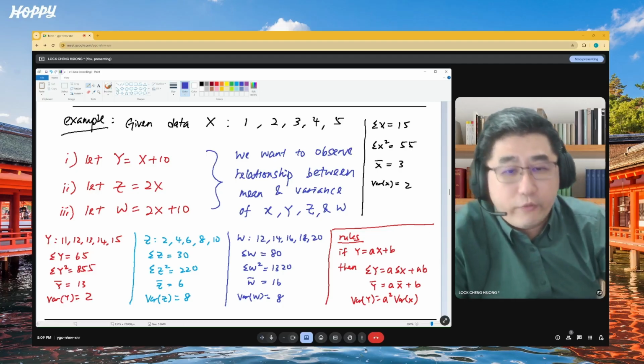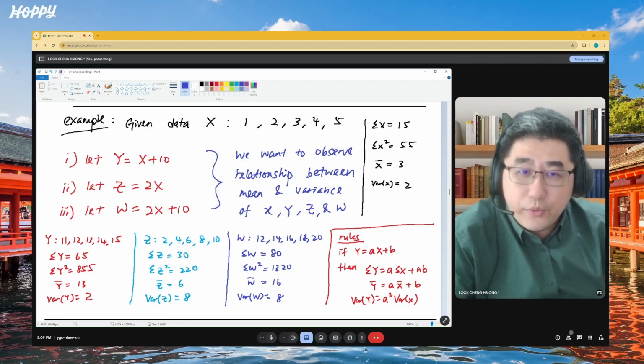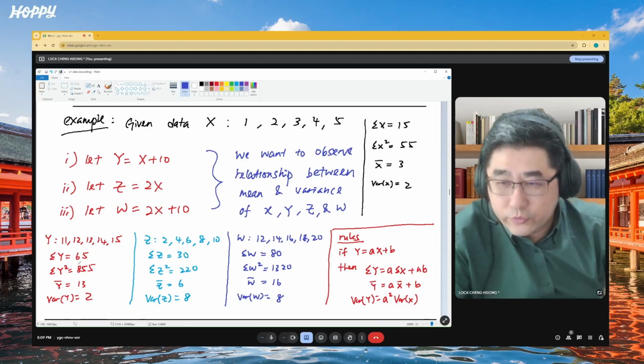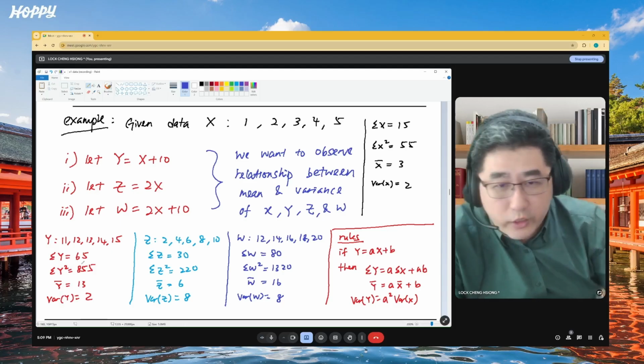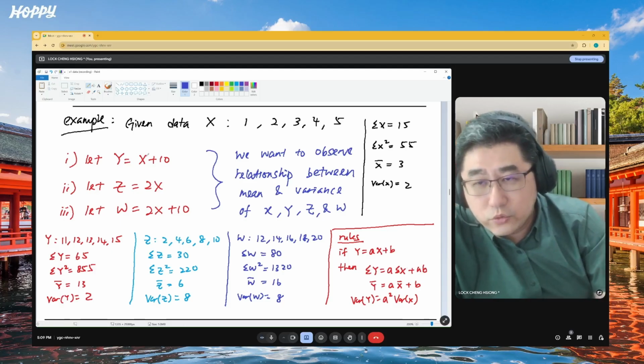Let's verify them one by one. The first one: sum of y equals to a sum of x plus nb. So y equals to x plus 10.